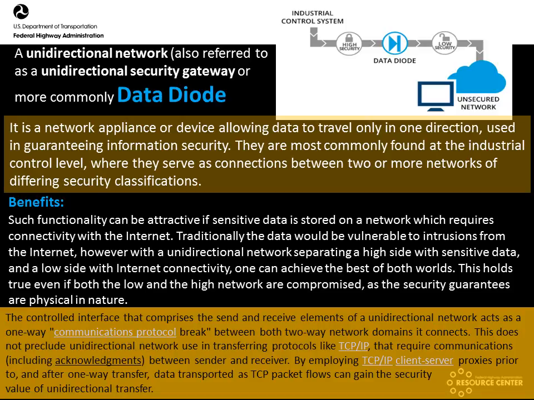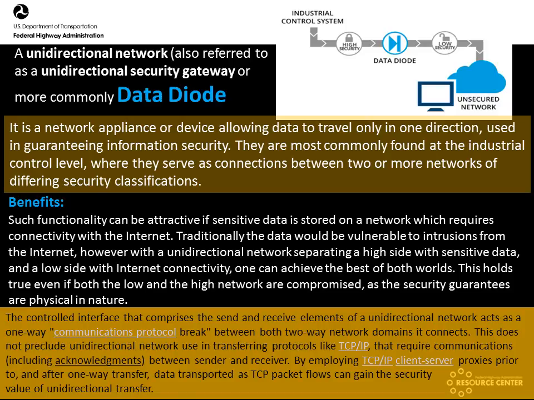Such functionality can be attractive if sensitive data is stored on a network which requires connectivity with the Internet. Traditionally, the data would be vulnerable to intrusions from the Internet. However, with the unidirectional network separating a high side with sensitive data and a low side with Internet connectivity, one can achieve the best of both worlds.